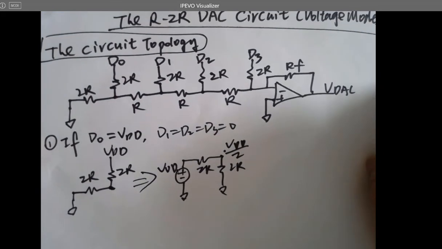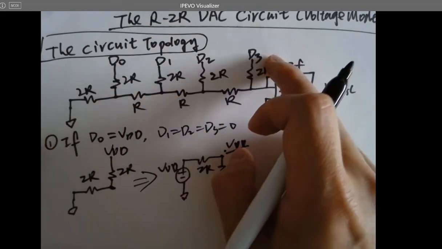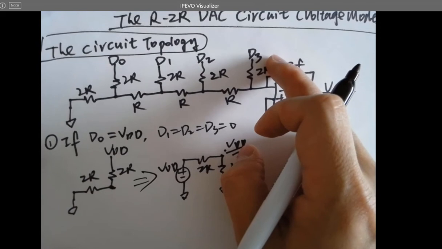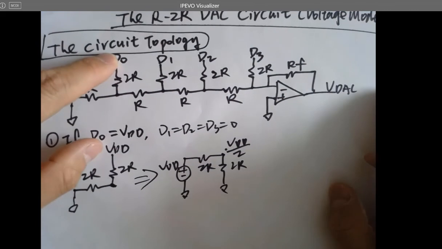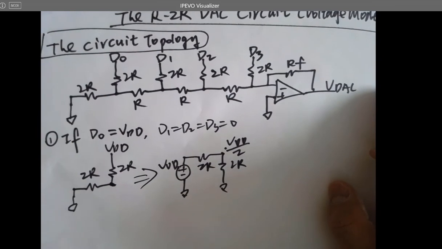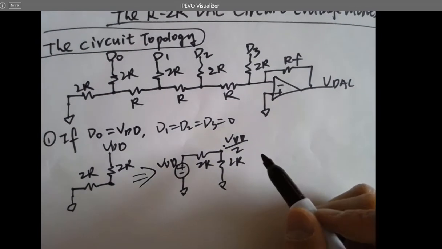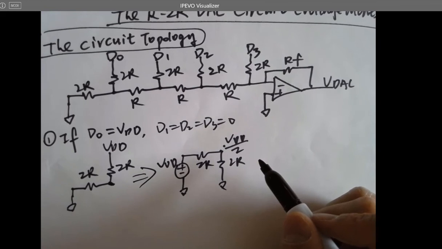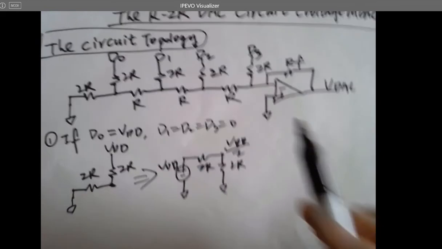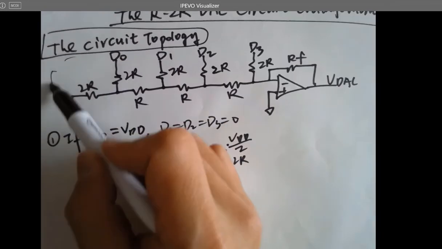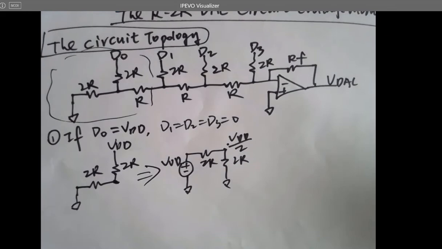Okay. So all the other ones are grounded, but only here you got a VDD, and you need a Thevenin equivalent to convert this part into an equivalent circuit.